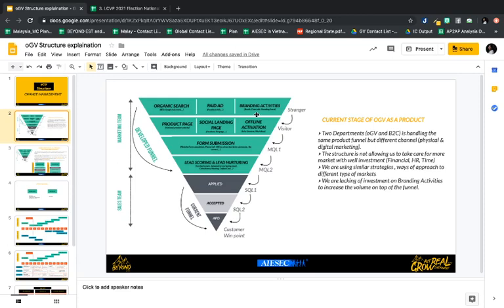Another thing is the structure does not allow taking care of more markets with investment in finance, HR and time. For example, initially you want to expand the market. Now you have one, and you want to take on two more markets.